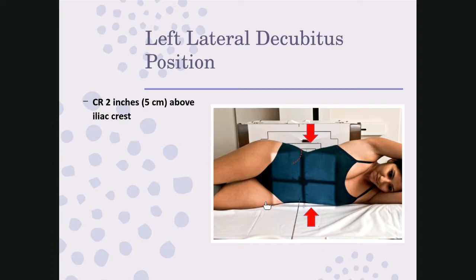So lengthwise to her, meaning that this right here would represent the 17 inches long, and this is the 14 inches here. So 14 inches this way, 17 inches this way, lengthwise to the patient.